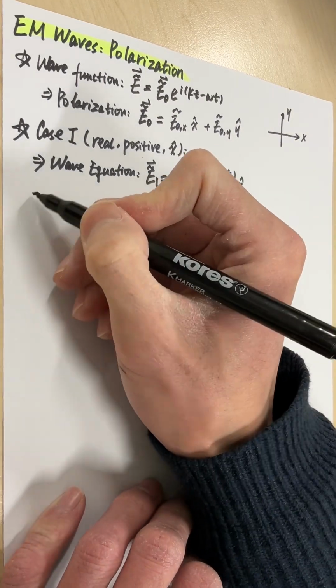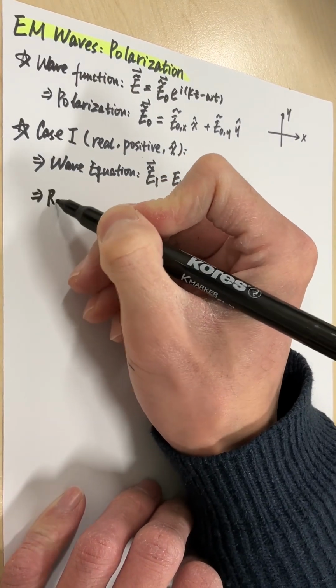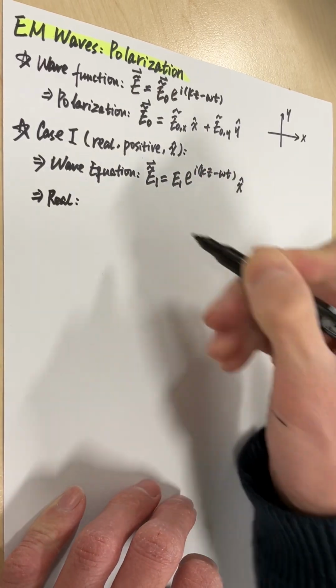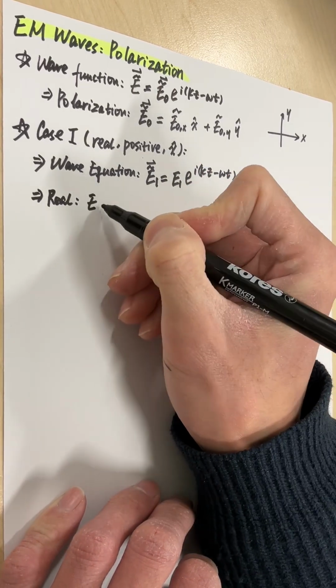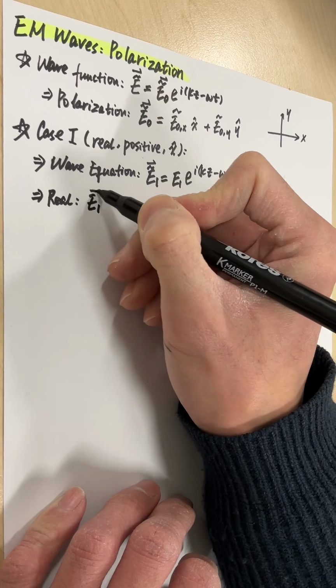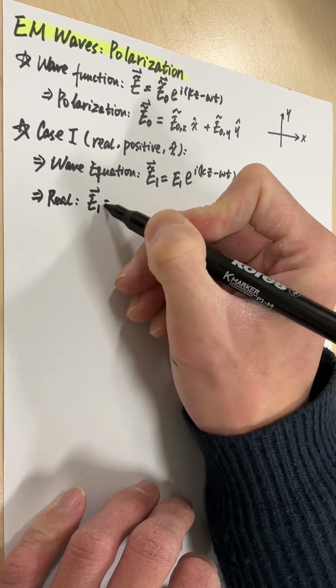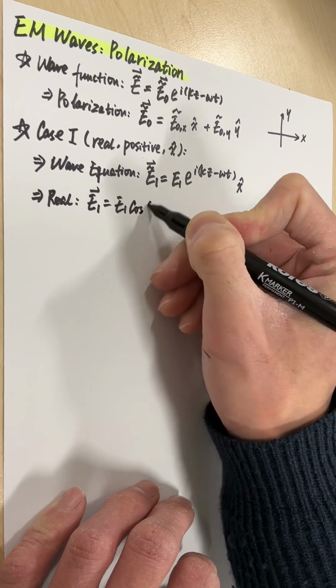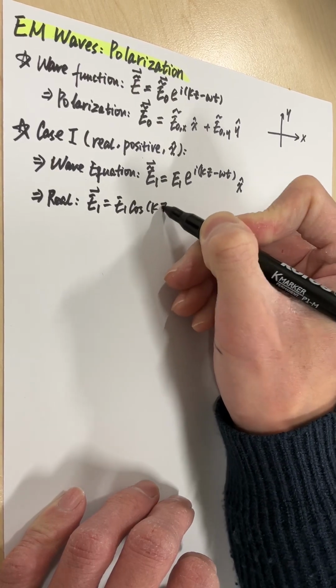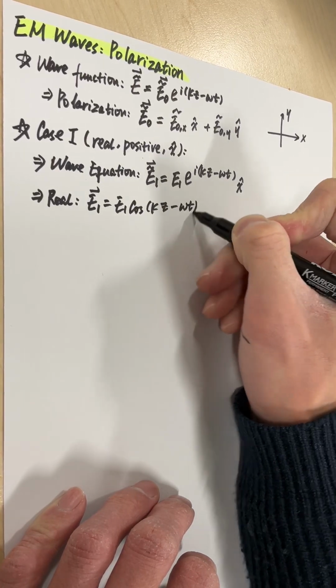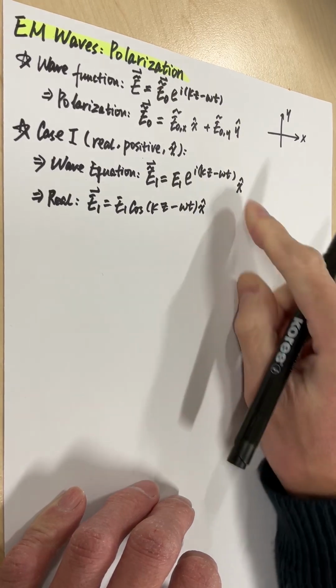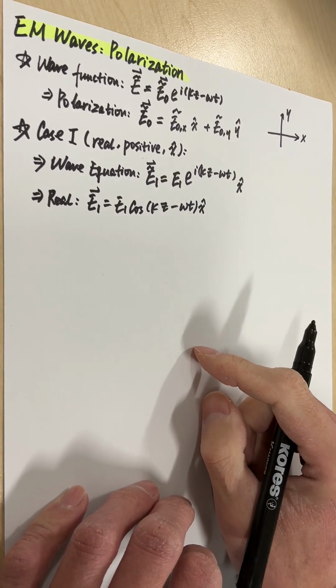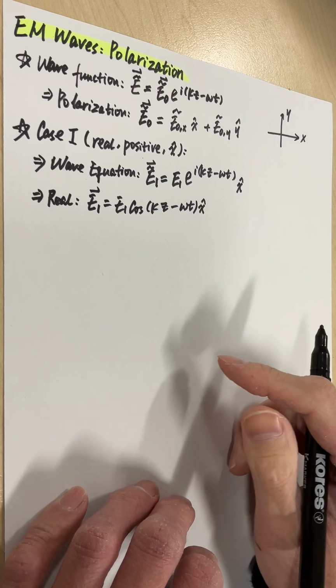And then only the real part has physical meaning. So we have E1 equals E1 cosine(kappa z minus omega t), and then x direction. So only the real part of the wave function has physical meaning.